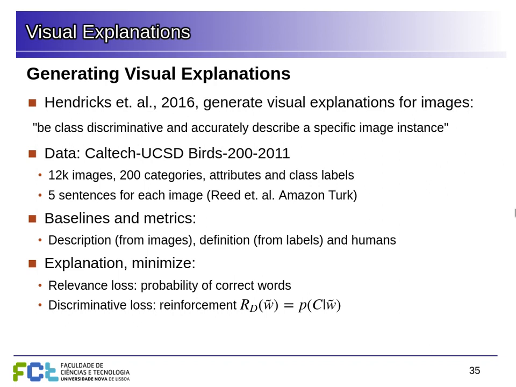This was done using Amazon Turk, a way of getting people to work on this kind of problem, where you pay each individual for the number of items he labels or submits. So for each of the 12,000 images, in 200 categories, they also had 5 sentences written by humans describing the image.